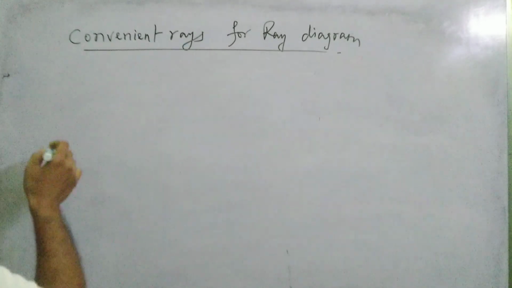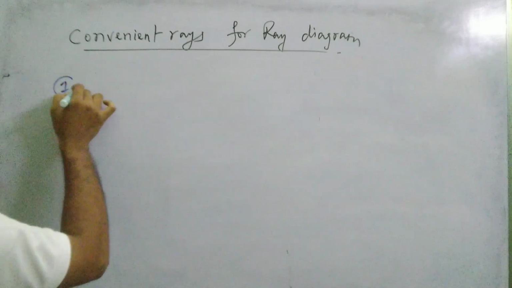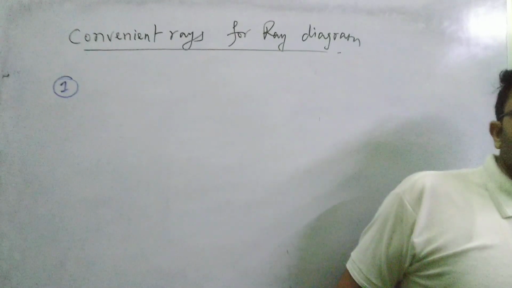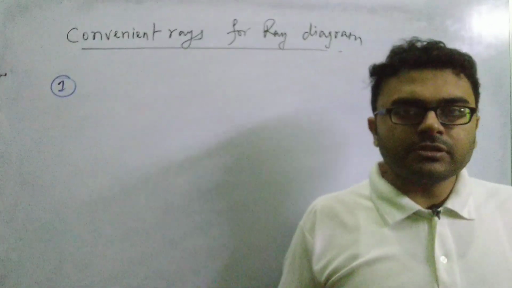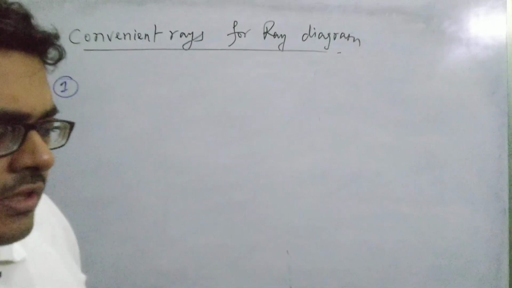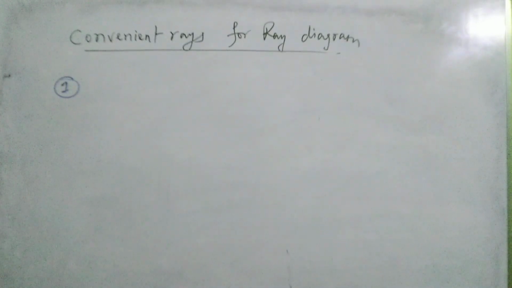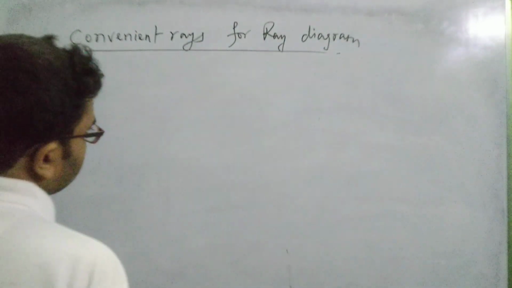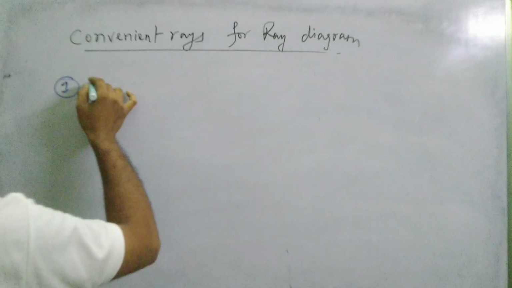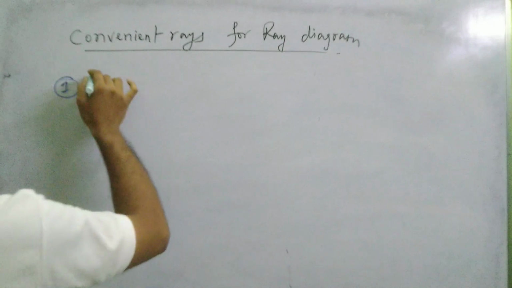Now, first convenient ray, we have already seen that when light rays are incident on the spherical mirror parallel to the principal axis, this kind of light rays after reflection seem to pass through the focus. So this is the first convenient ray that you can consider, the light rays coming parallel to the principal axis.